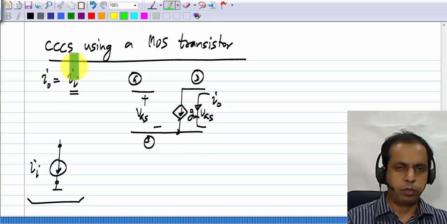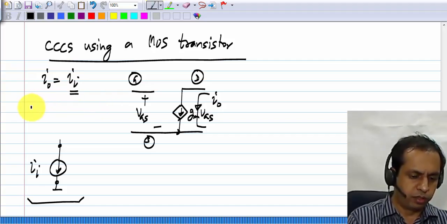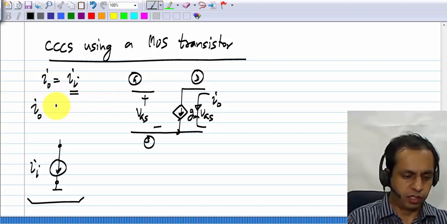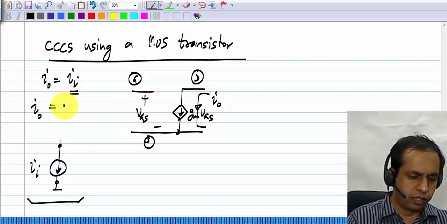Now, what do we do in order to realize a current controlled current source? We have to compare I naught, the output current, to Ii.